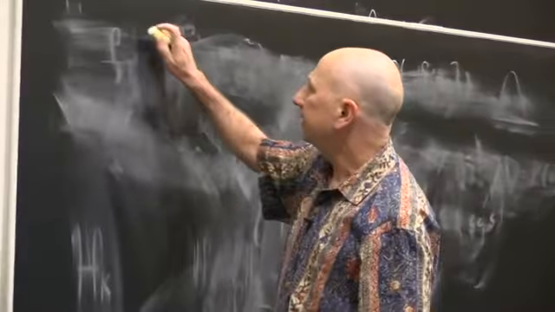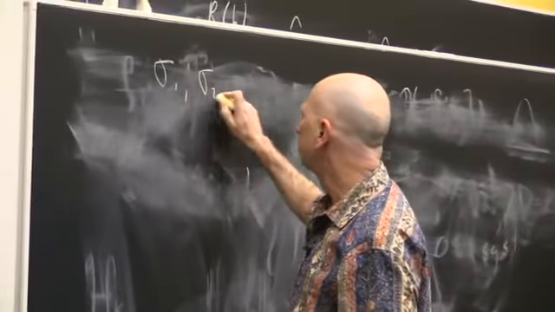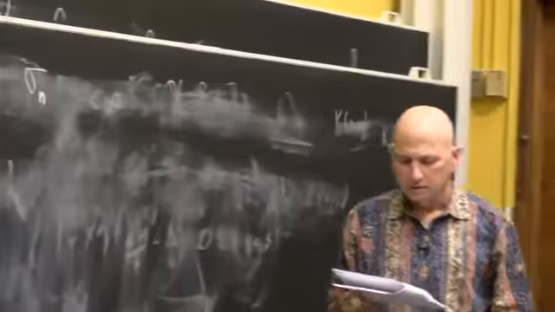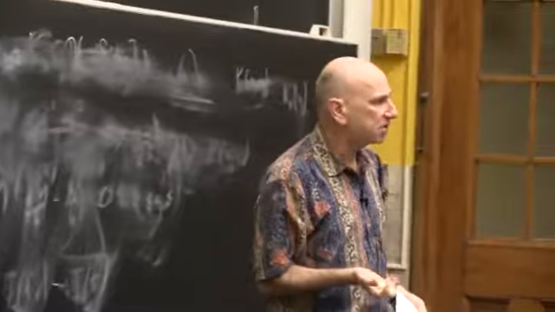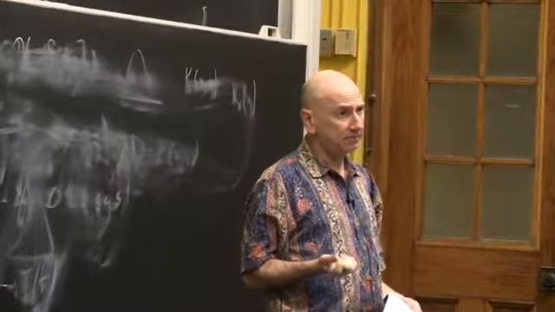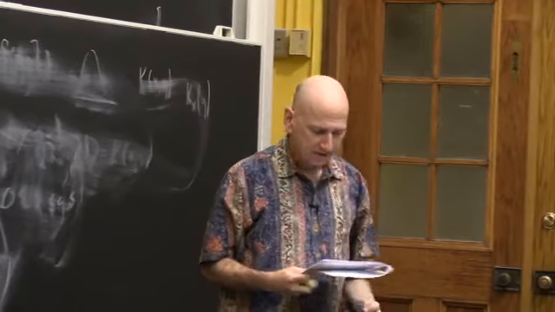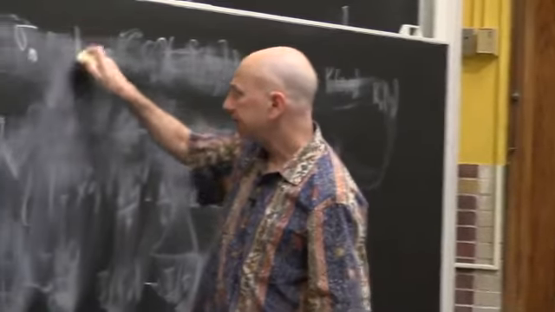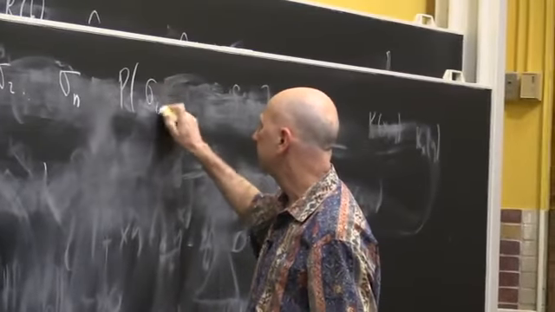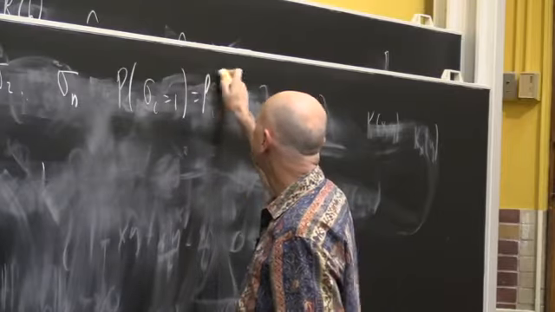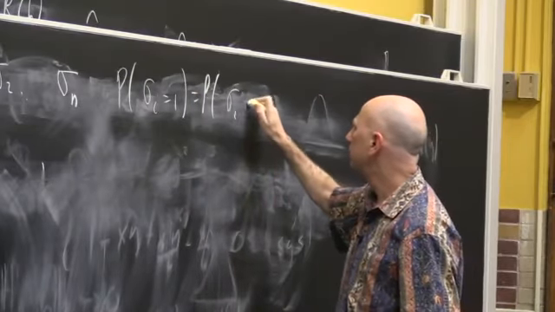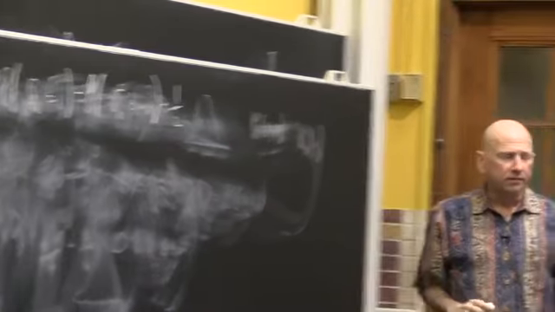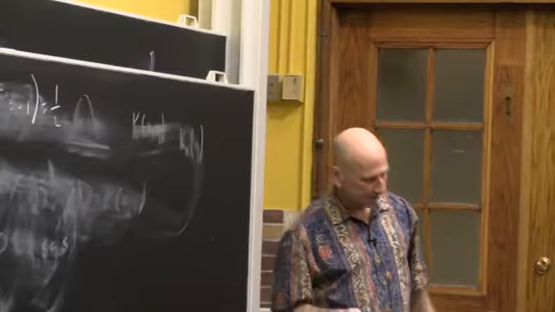And here it is. What we do is we're going to create new random variables, sigma 1, sigma 2, up to sigma n. They're called Rademacher random variables. They're IID. They're independent of everything else. And they're equal to plus 1 or minus 1. So just imagine generating coin flips randomly.